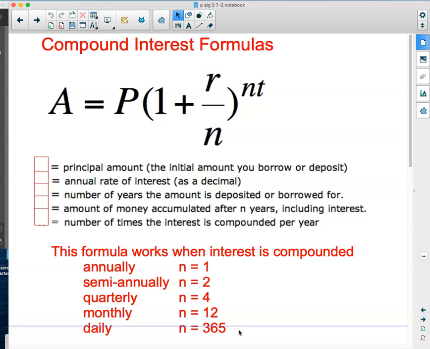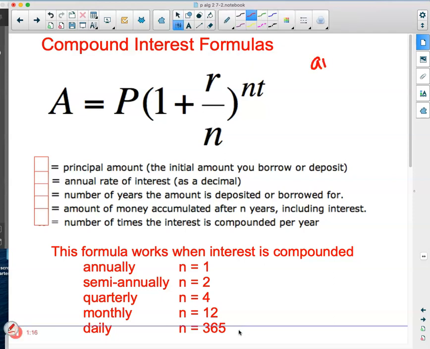Compound interest formulas. This is actually the formula that's super close to what Euler was using to try to develop that always charging people interest piece. And compound interest formulas are typically used when we're not just compounding it every year. So, we have a formula for that one.